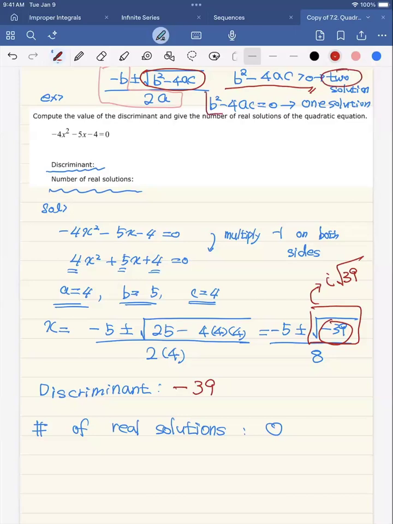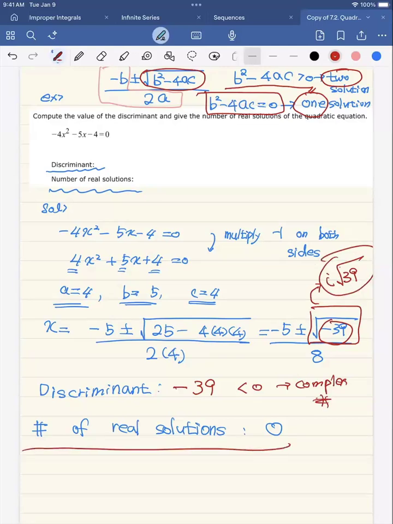If that becomes 0, then there is only one solution. But in this problem, the discriminant turned out to be less than 0. In that case, that is a complex number. As we could see here, the number of real solutions is 0.